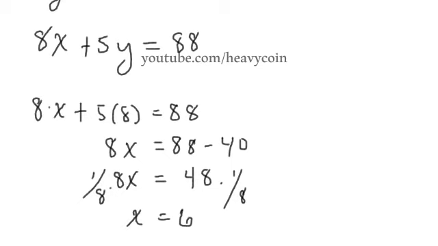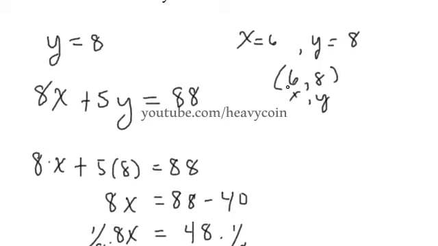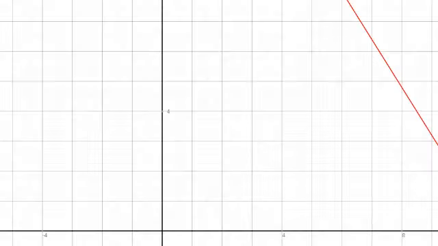So now that we have both our x and our y, x is equal to 6 and y is equal to 8, which they already give us. We could write this as an ordered pair, 6, 8, this being my x and this being my y, and this would represent a point in the Cartesian plane, which we're going to go ahead and graph now. So the solution was 6, 8.